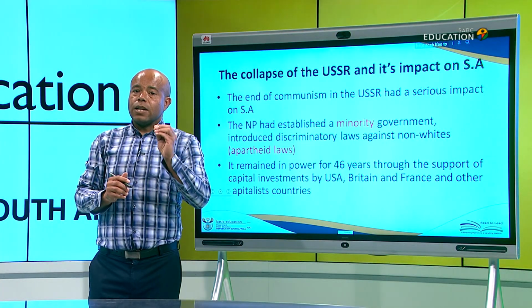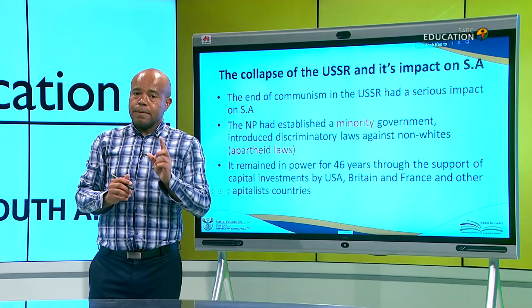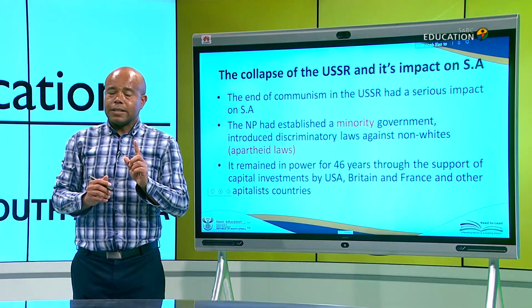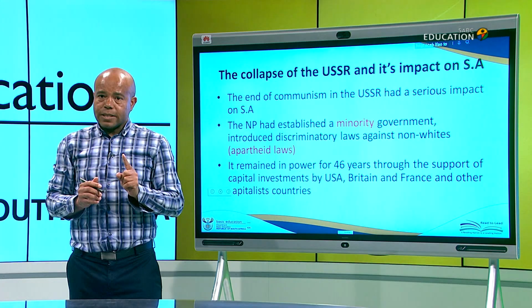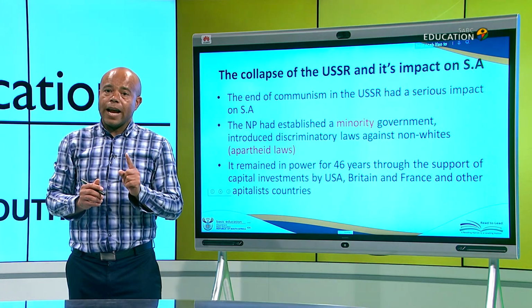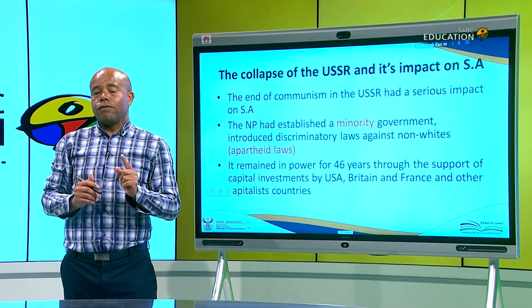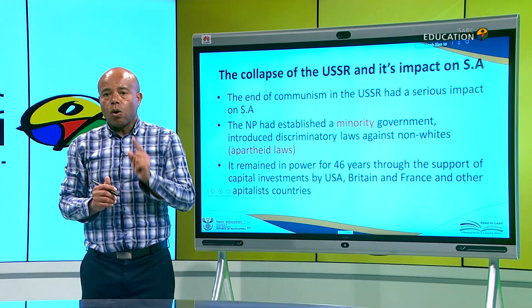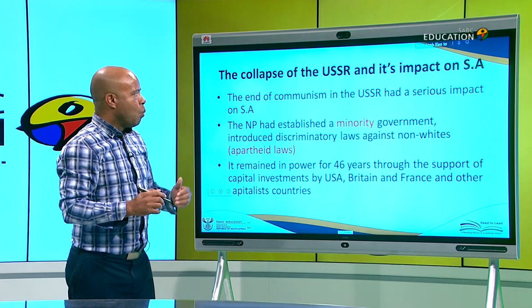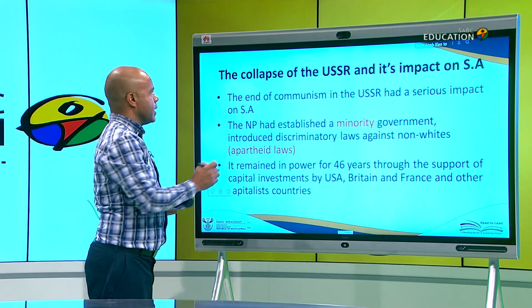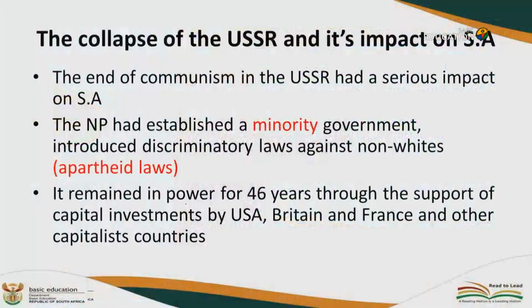That signified the end of communism within Russia, and it also signified the end of the Cold War between USA and USSR. When we move to our next slide, it says the collapse of the USSR and its impact on SA.